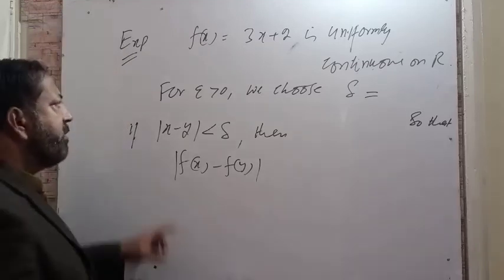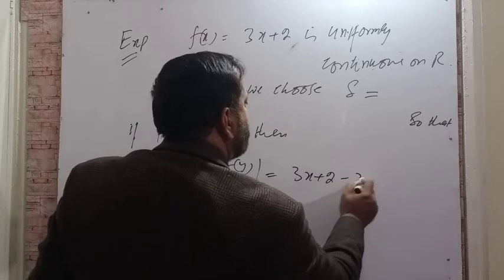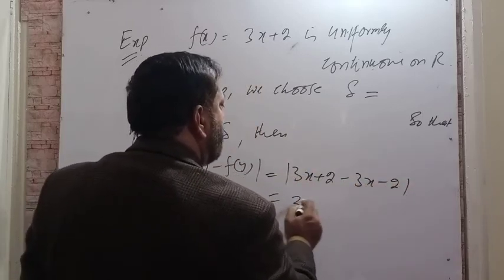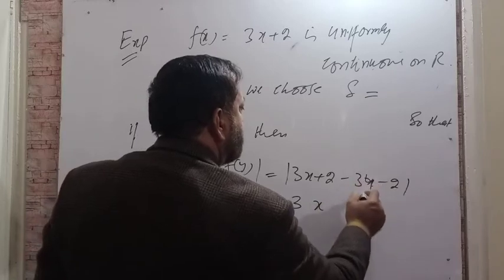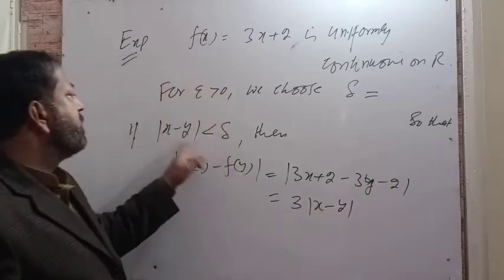So f(x) − f(y) is 3x + 2 − 3y − 2, which equals 3(x − y), and you know that |x − y| is less than delta.